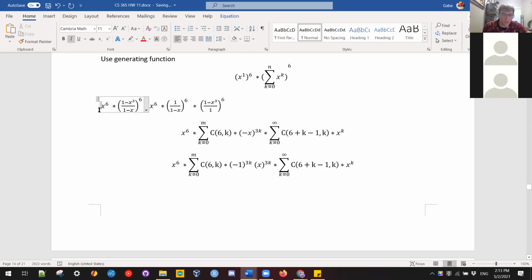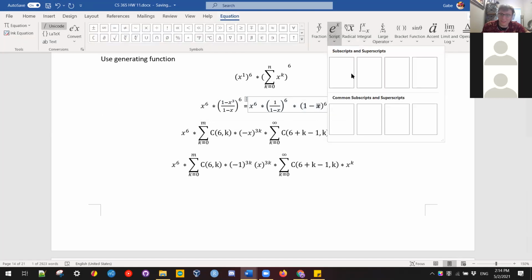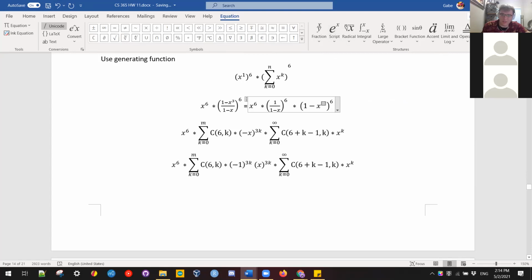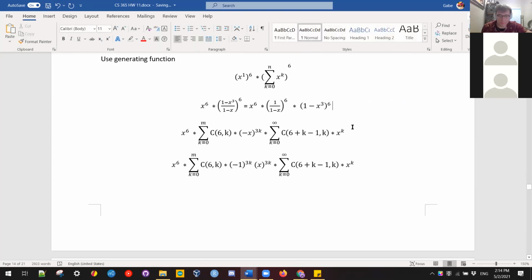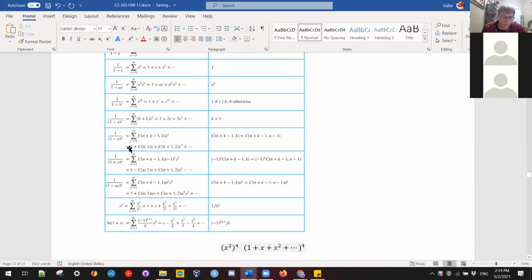Yeah, I should have explained that a tad better, but that's what's going on here. You're just splitting this up into 2 things so we can look back at the table and figure out what to do. And so really, you could just say 1 minus x cubed. Oh, I want to put cubed. Come on, there we go. Okay, so if you look at 1 minus x to the r, we'll go here.